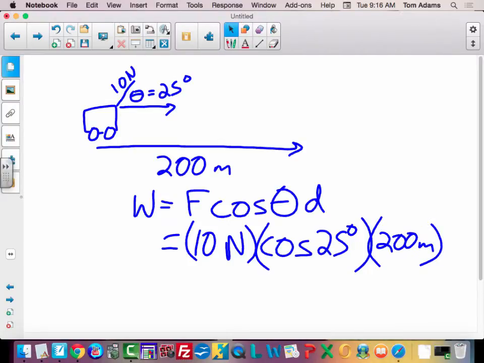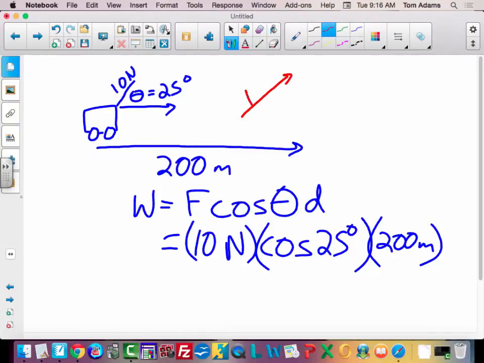And what I want you guys to understand is, if I were to draw a free body diagram, I have 10 newtons of force being applied at an angle. What I'm really trying to calculate is the horizontal component of the force.